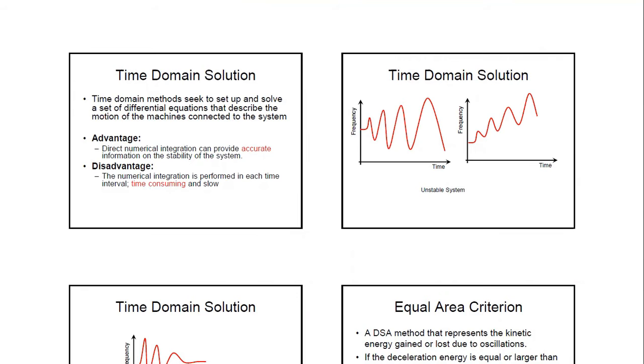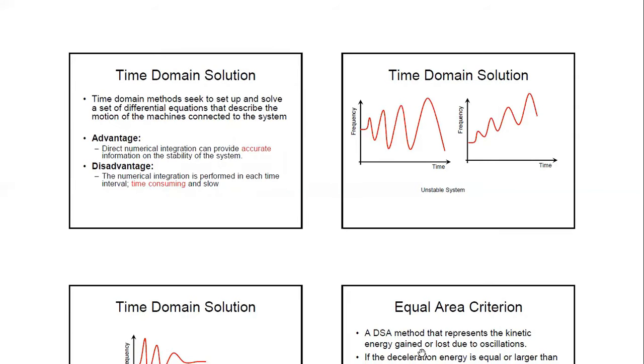It has the advantage that direct numerical integration can provide accurate information on the stability of the system. However, the numerical integration is performed in each time interval, so the time consumed is very large, and it is a very slow analysis.